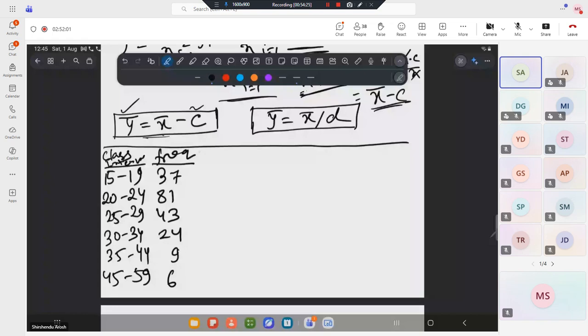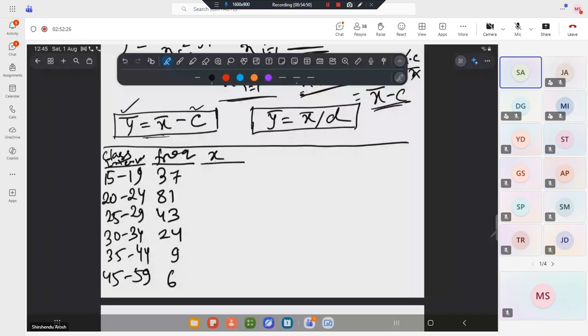Now the new things we are starting. Things always start by finding the class mark, or the mid value, whatever you want to call it, the representative value for any class interval. For this case, you do not need to find the class boundary. So find the class mark.